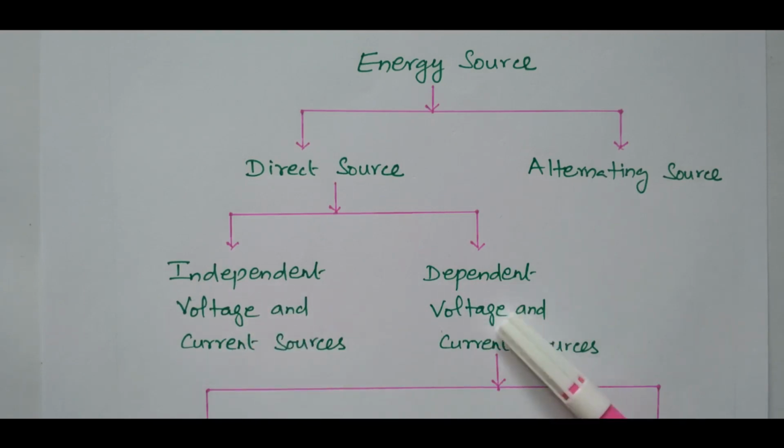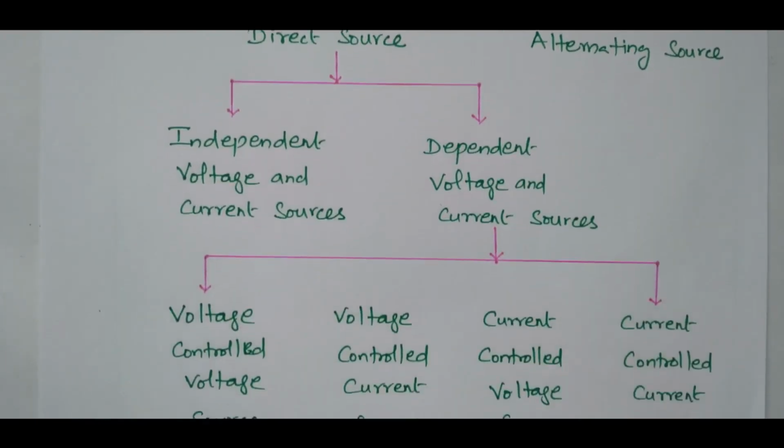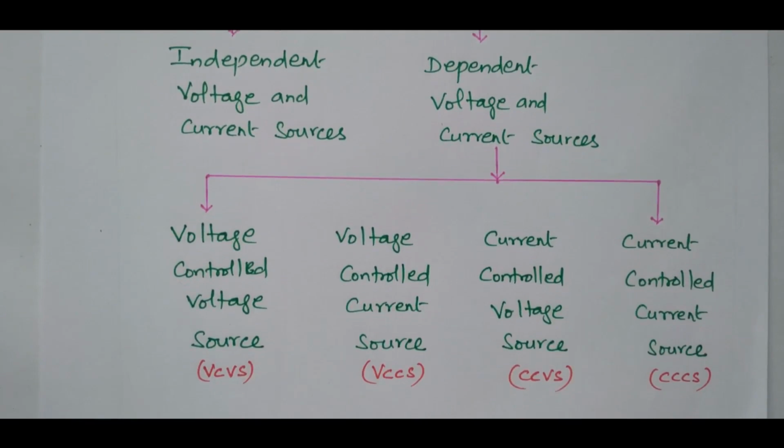Similarly, dependent. In this dependent, again, there are four types available. Voltage controlled voltage source, so this is a voltage source, but it is controlled by a voltage. Voltage controlled current source, that's a current source, but it is controlled by a voltage.